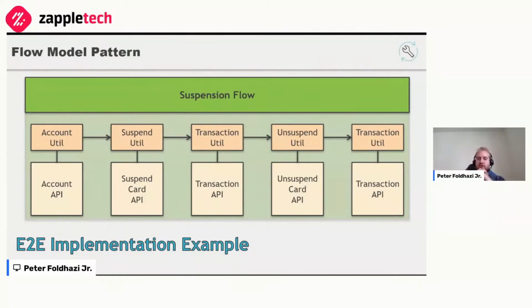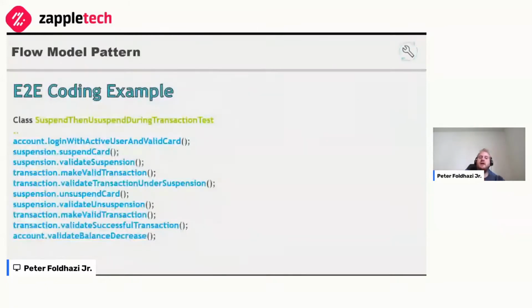After that, wants to make a transaction. So we want to validate that this transaction doesn't go through, but then finds the card and let's see whether we can unsuspend that card and do a transaction after that. So how does that look like?